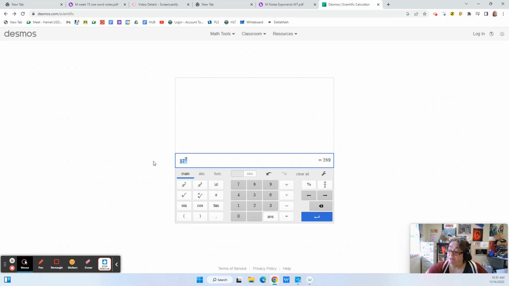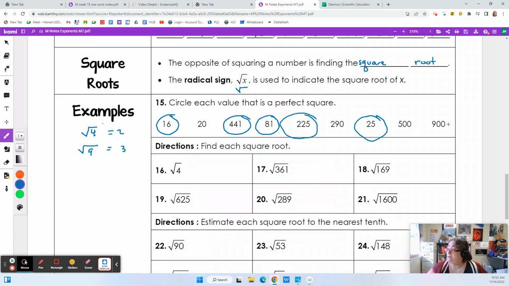So let's look at 22 squared. Nope. What about 23 squared? 23 squared, 529. So no, right? Because we checked 22 and it was less than 500, and we checked 23 and it's more than 500. So there's no way that 500 can be a perfect square.